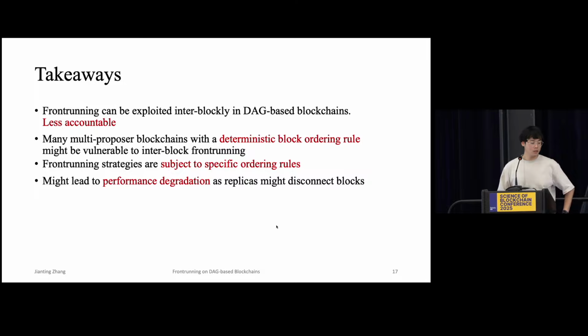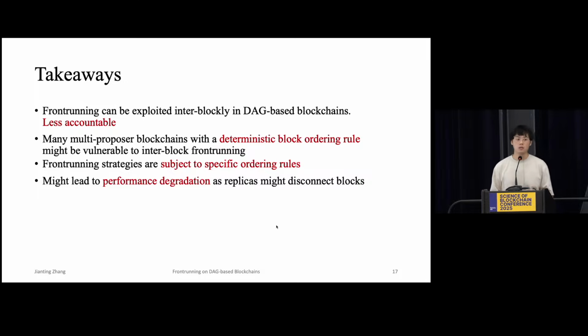Last but not least, we think such front-running might lead to some performance degradation. For example, in the previous slides, when we mentioned the fishing attack, the malicious replicas are motivated to exclude some specific blocks.